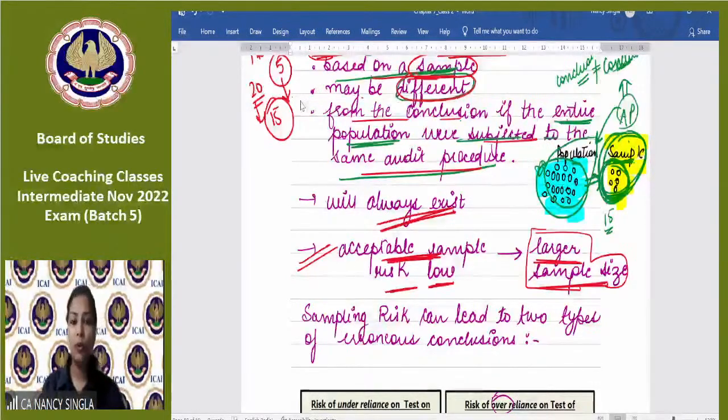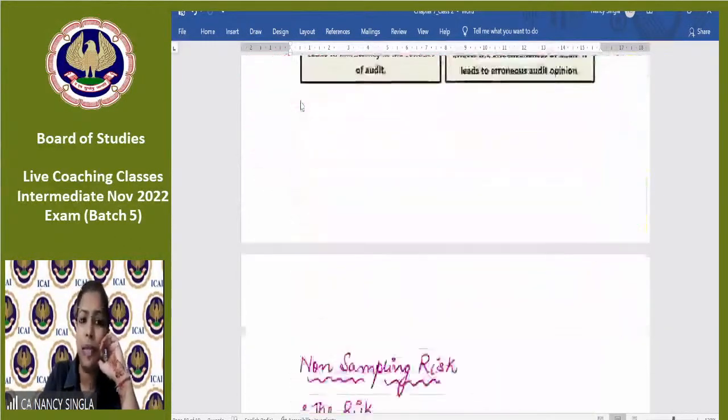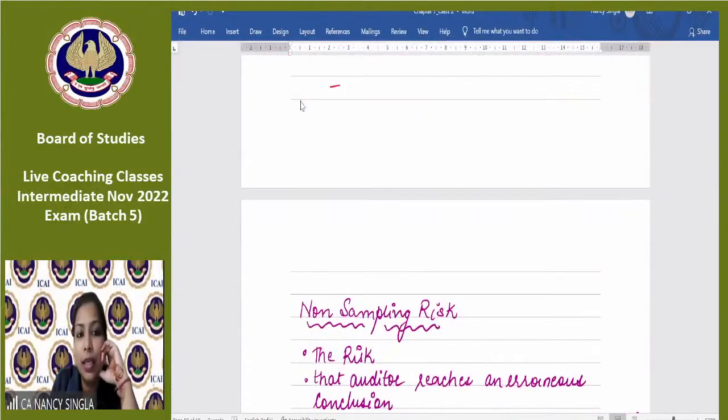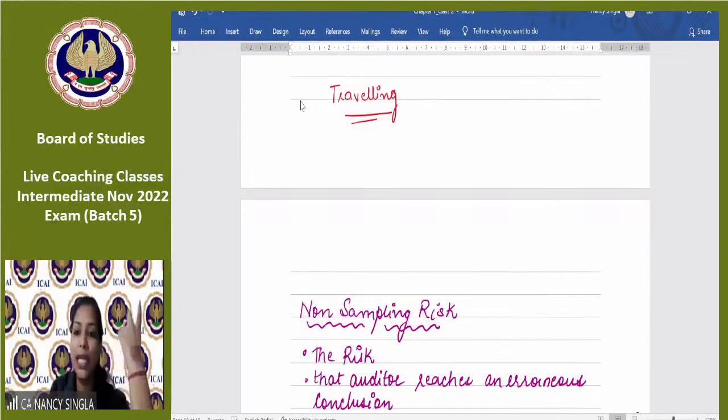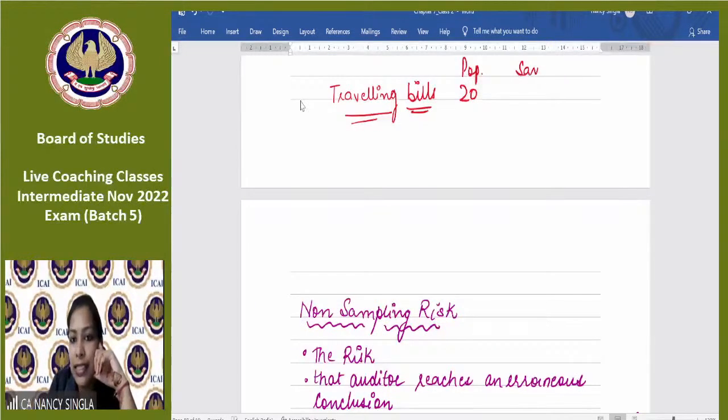Okay? Now, see, I have told you that let us try to understand this. See, sampling risk क्या होता है समझ आया? He will try to reduce the sampling risk. How? By increasing the sample size. ठीक है? Now I told you that traveling bills हैं 20 number. This is what population. Auditor ने sample लिया of 5 units. He checked those 5 units. Now there can be two possibilities.